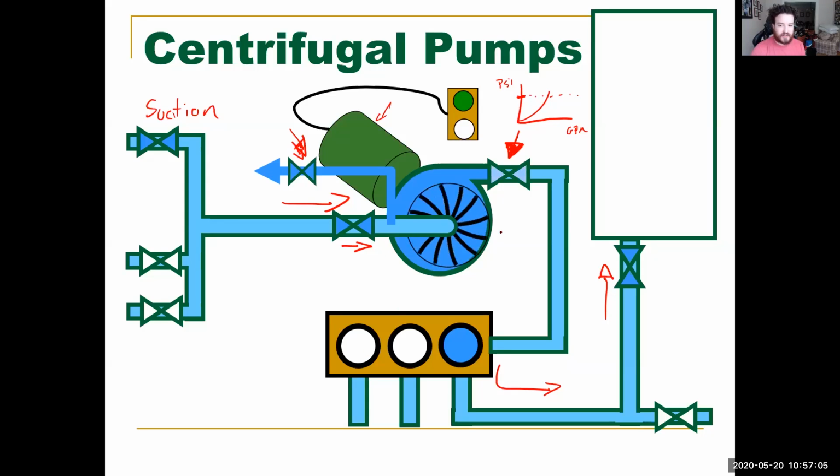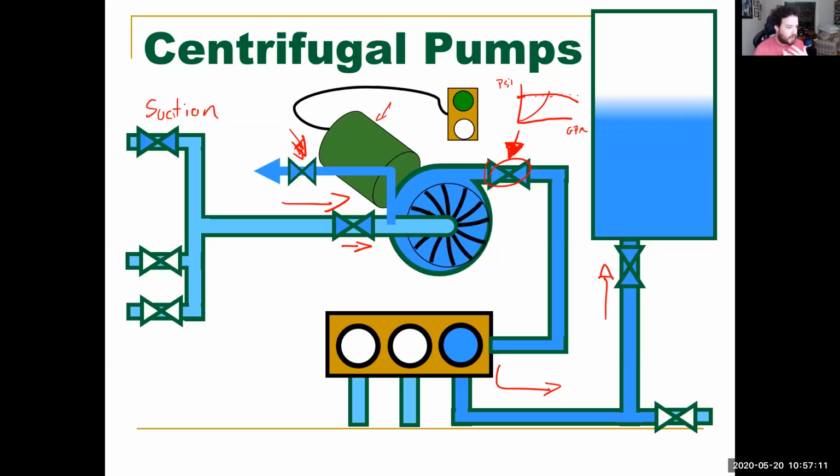All right. So as soon as that's good, we open up this valve slowly. We move the line. And now that's how we're going to have flow. Like I said, if you're nervous about it, this valve can just be wide open and you'll be fine.